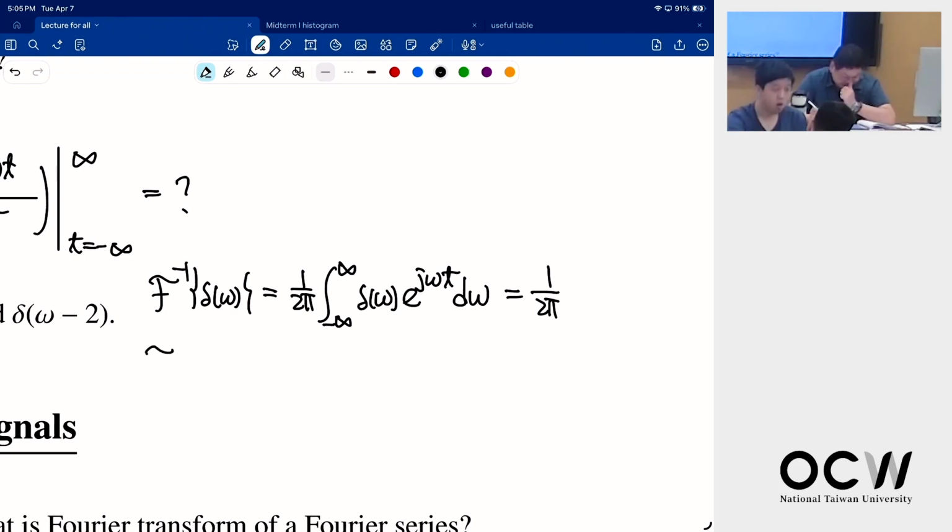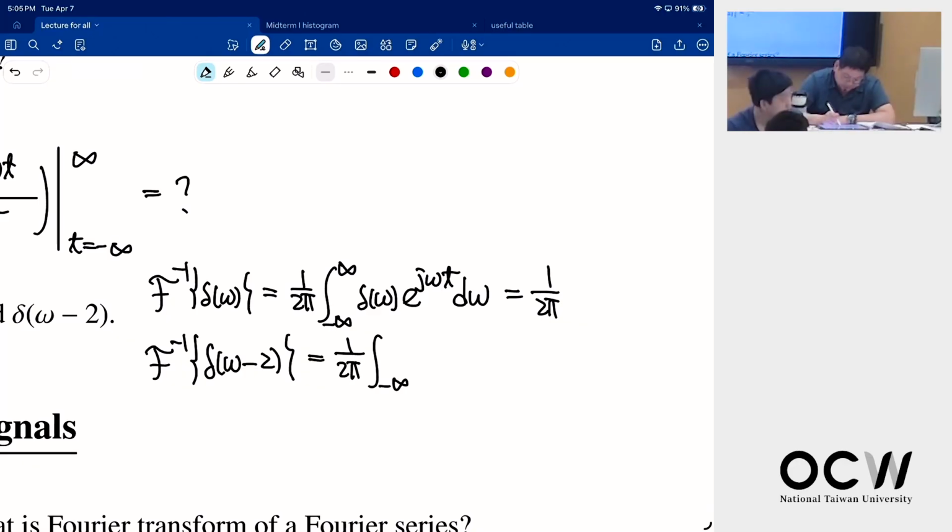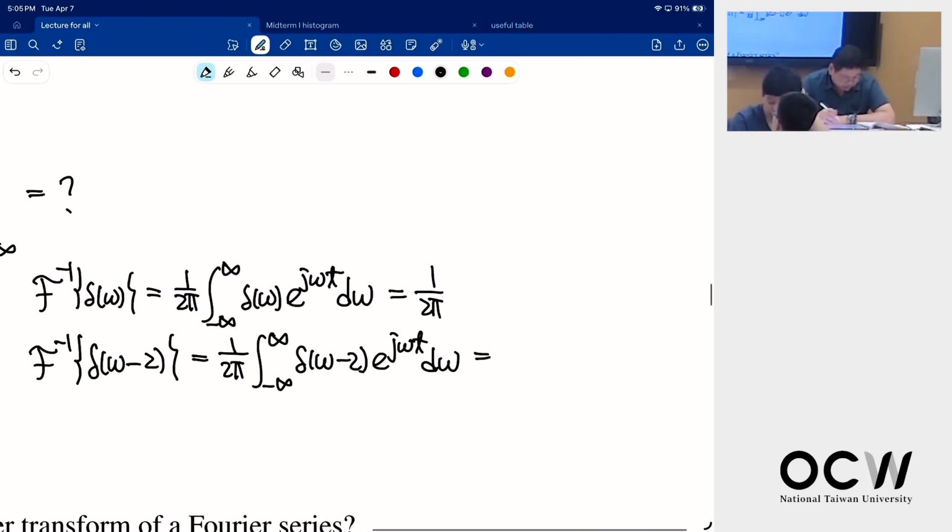So if I shift by 2, then I should have 1 over 2 pi times the complex exponential. So you should have 1 over 2 pi and then complex exponential e to the j 2t.